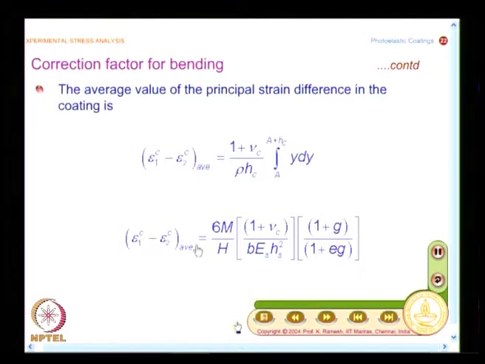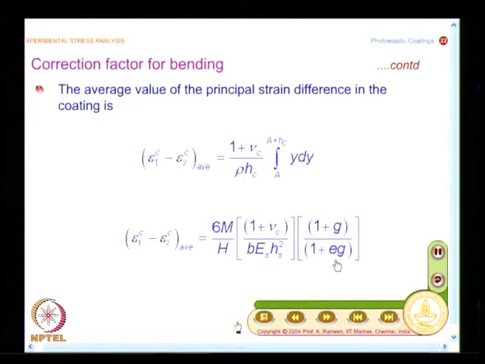So, the average strain difference developed in the coating is as follows: 6 m by h into 1 plus nu c divided by b into E s into h square into 1 plus g by 1 plus E g.